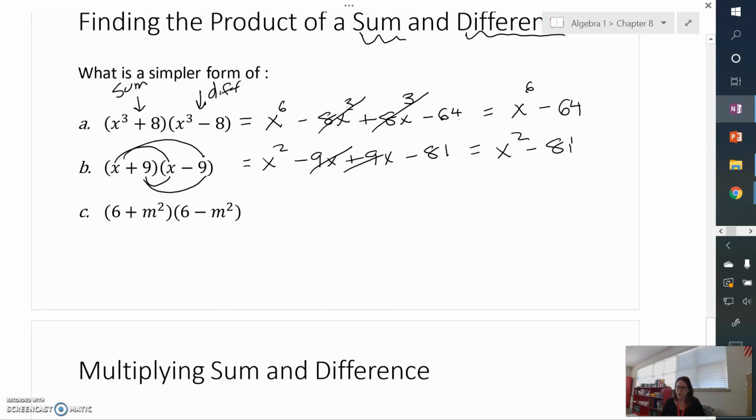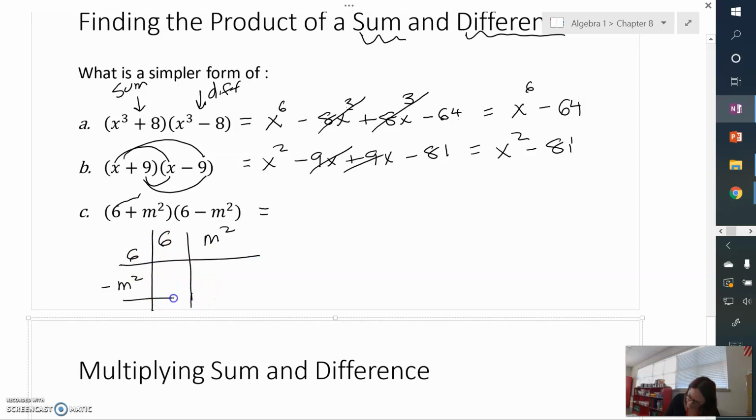Let's do another one, and this time we're putting the constant in front. We have 6 plus m squared times 6 minus m squared. And let's do box for this one. Just because you can do box, it works.